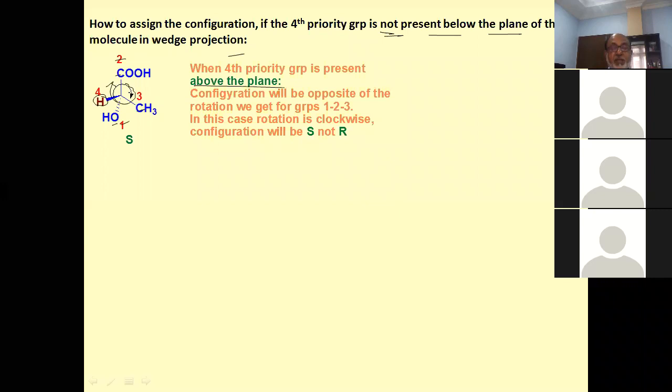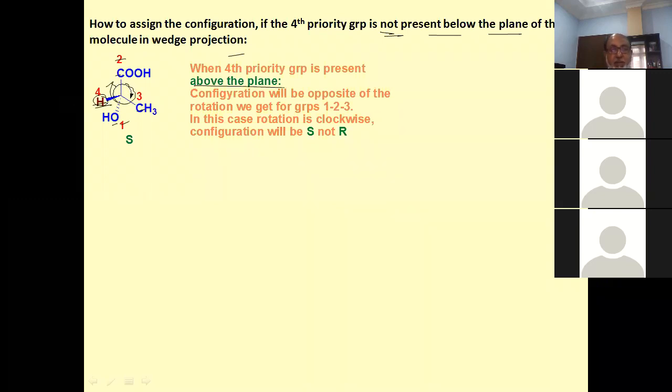But you cannot call it R, because clockwise rotation of 1, 2, 3 is R only when the fourth priority group is below the plane. Here it is above the plane. That means when you turn the molecule below the plane, the configuration will be different. If you are getting anti-clockwise, the actual molecule is clockwise, or if you are getting clockwise, the actual molecule is anti-clockwise. So this is clockwise direction 1, 2, 3, but the actual molecule should be anti-clockwise, so the configuration is S, not R.